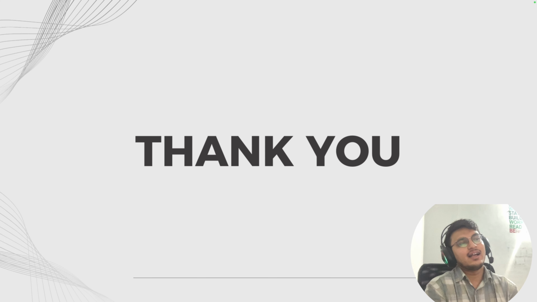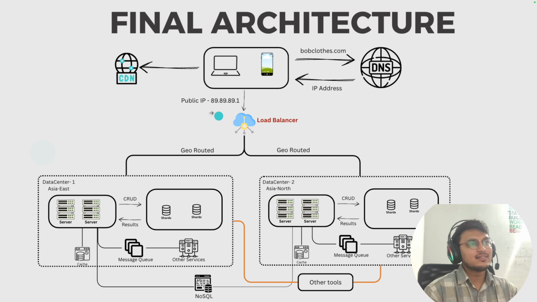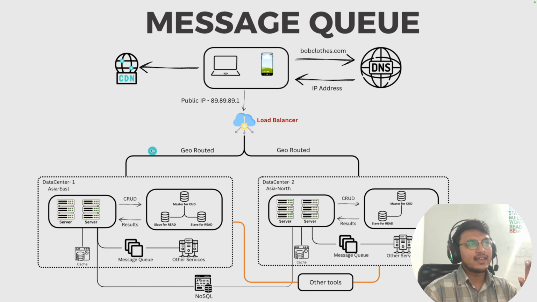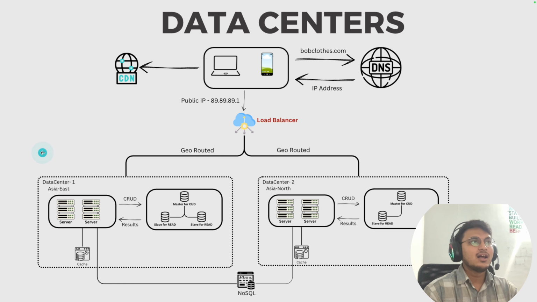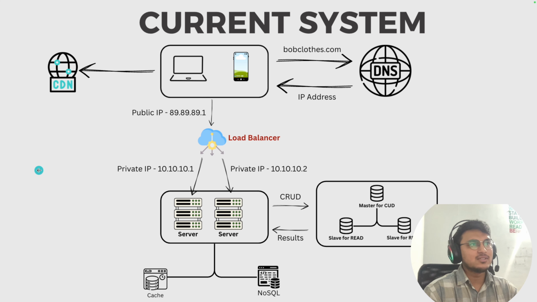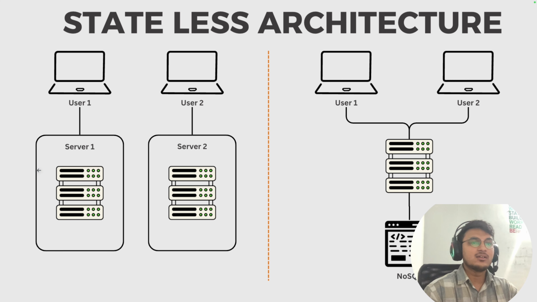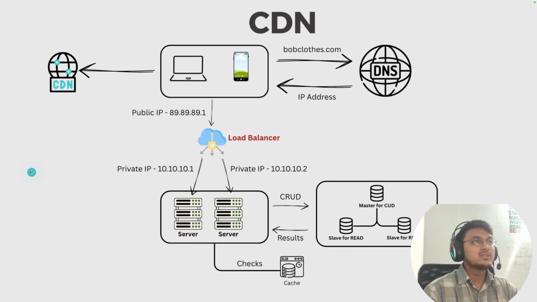So that's it for handling millions of users. This type of architecture is perfect. So now what you can do is learn about all these things in depth: how message queues work, how data centers work, how stateless architecture works in much more depth, how CDN works.